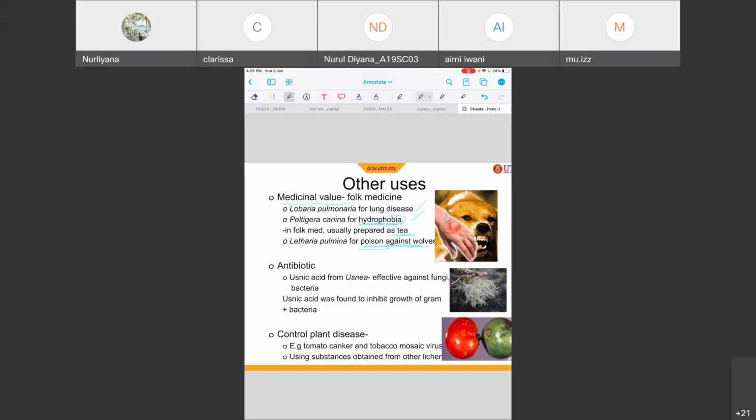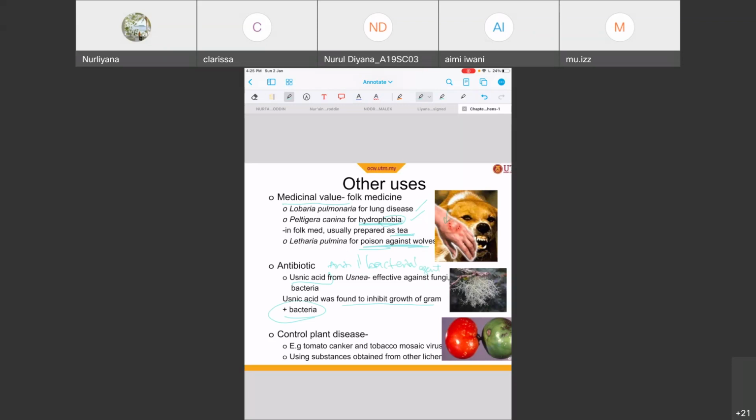Another is antibiotic, usnic acid from Usnea. They are effective against fungi, bacteria. Usnic acid was found to inhibit growth of gram-positive bacteria. So that means it can be an antibacterial agent. Okay.